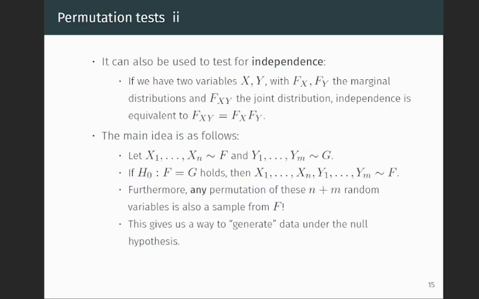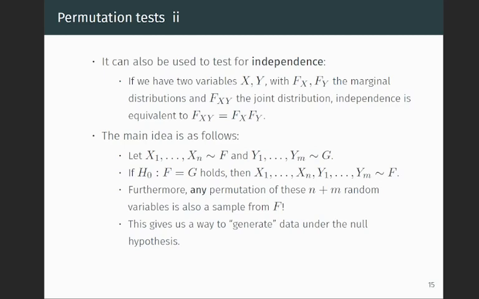Okay, and so just as a quick aside, this framework also allows us to test for independence. So assume we have two variables x and y, and let's call their distribution functions fx and fy. Those are the marginal distributions. And then assume that we have a joint distribution as well, which we call f of xy.